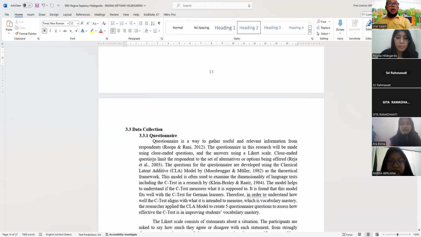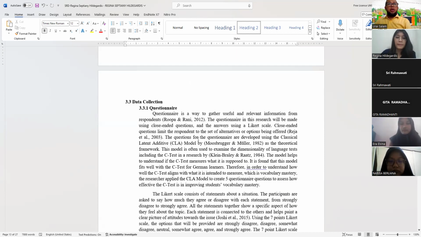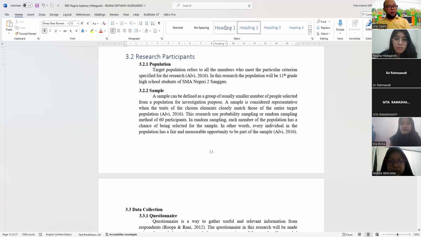Okay, and data collection, questionnaire first, okay? Now, the questionnaire, in this section, you need to explain clearly about the questionnaire. You need to have, for example, the table of specification. For example, how many questions do you have in your questionnaire?